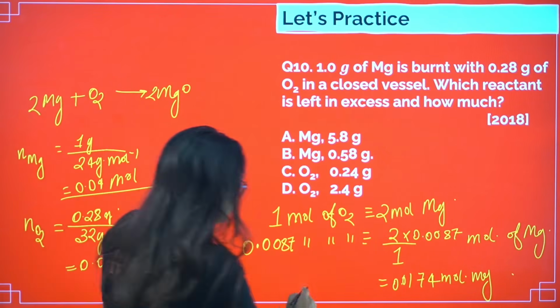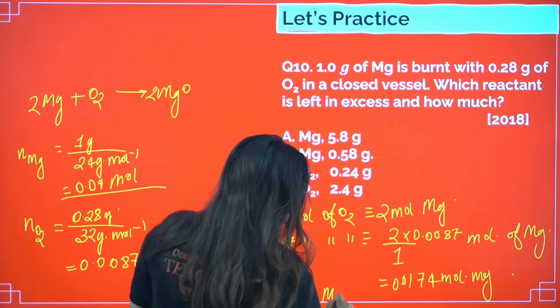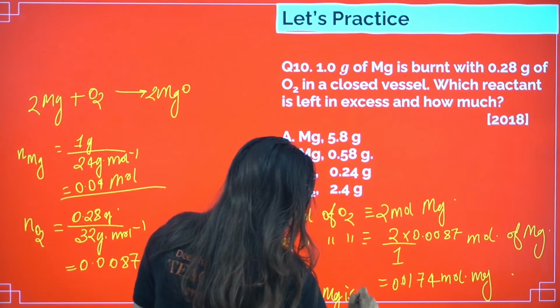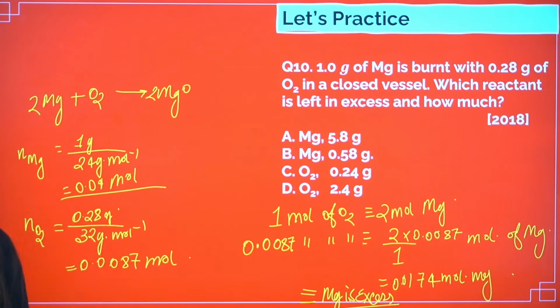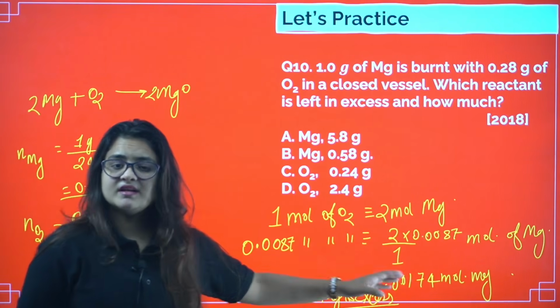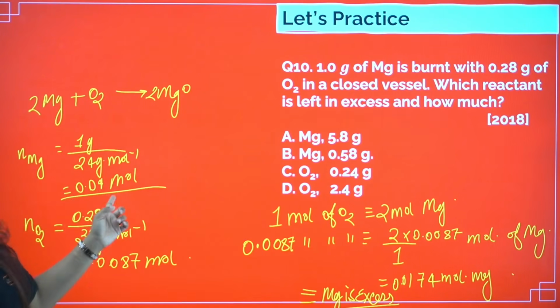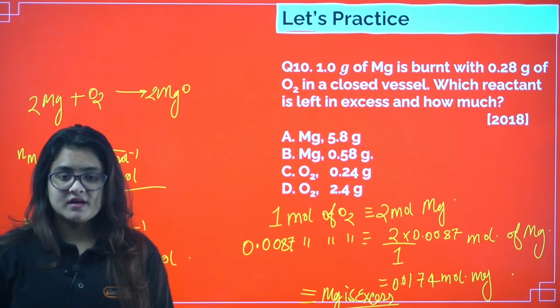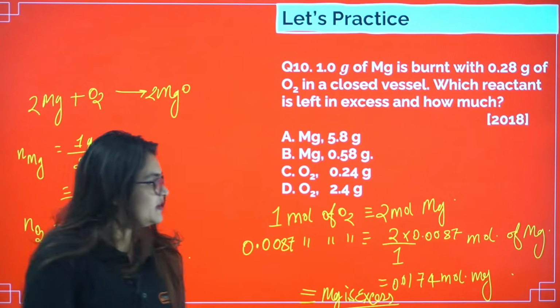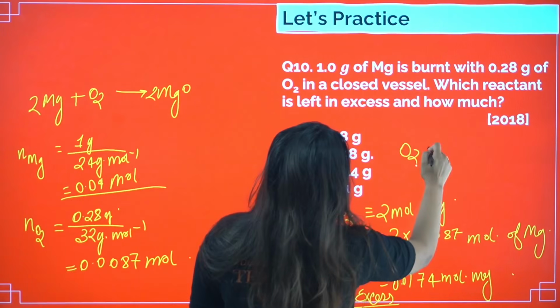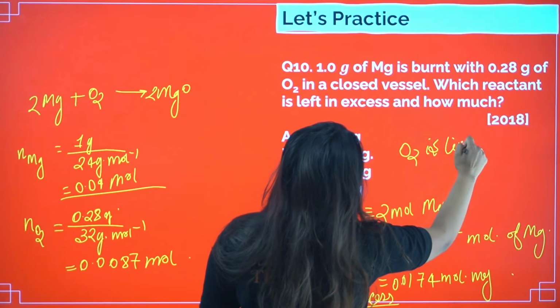So from here I can write magnesium is in excess. I guess this is clear to you. This much magnesium I need, but it is given as 0.04. So magnesium is in excess. Which one is limiting? Oxygen is limiting.